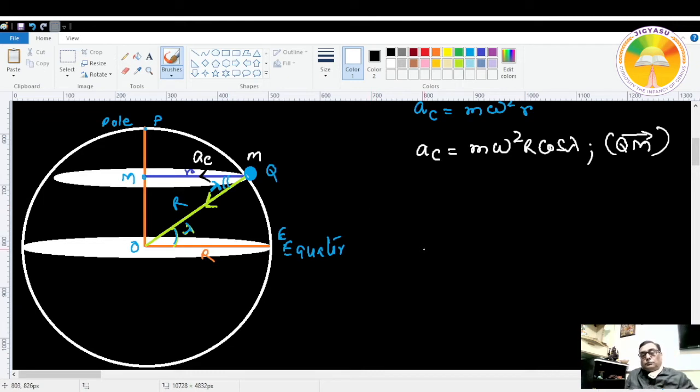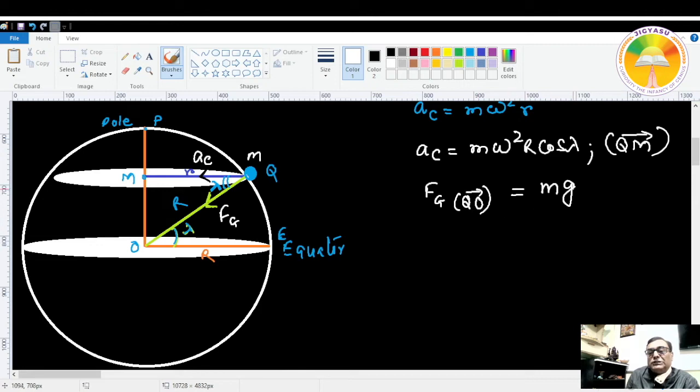So, if I were to write, alright, now this centripetal force is being provided by the gravitational attraction Fg. So Fg, which acts towards QO, sorry, not QM, QO, will be given by mg, right? The actual mass.